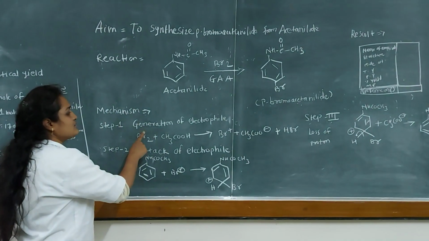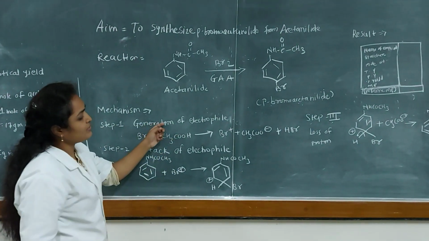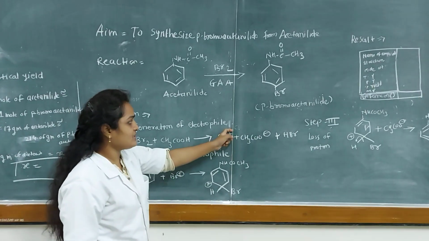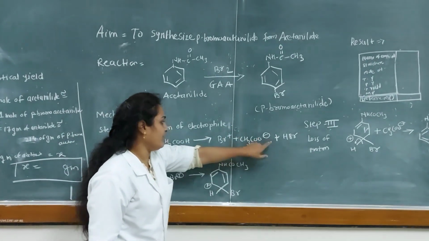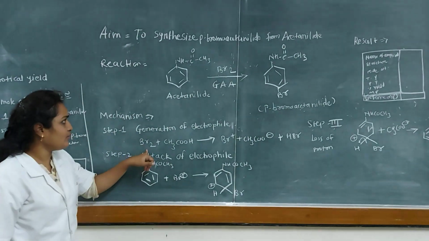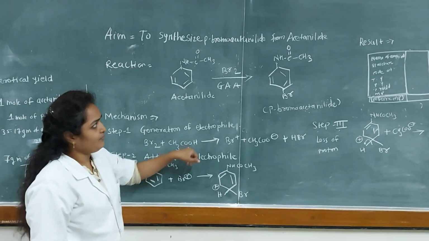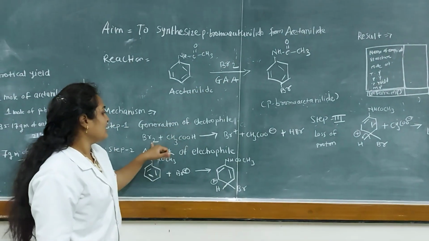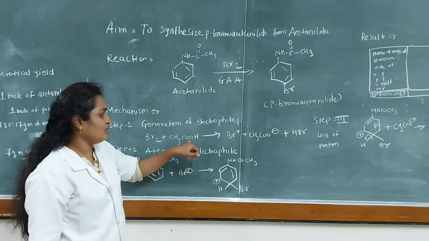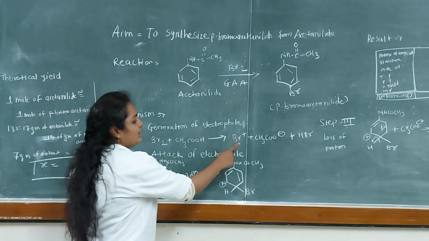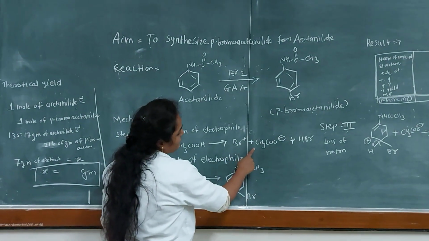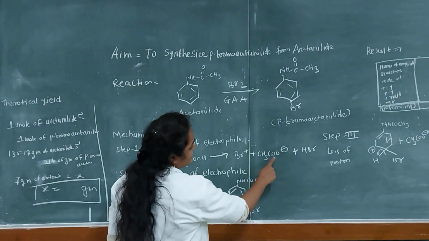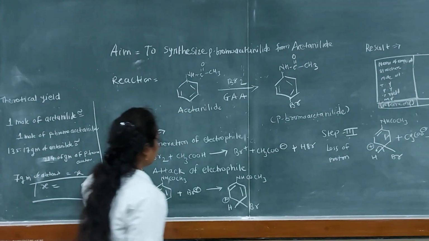In step 1, the generation of the electrophile, here is the formation of the electrophile, the Br plus ion, and this one is the nucleophile. In that reaction, Br2 reacts with glacial acetic acid, CH3COOH. It gives the electrophile Br plus, the nucleophile CH3COO minus, plus HBr.